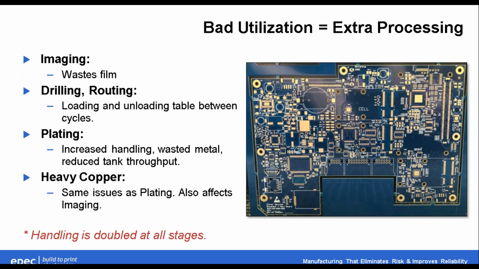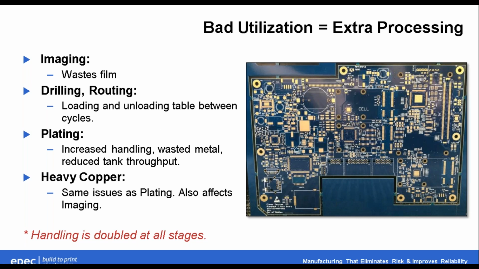Well, routing you actually are spending a little more time, but in drilling and routing, you're loading and unloading the table between cycles. Plating is increased handling. It's wasted metal around those unused parts of the panel, and it's reducing the fabricator's tank throughput. So you're going to get charged for that. It's time.